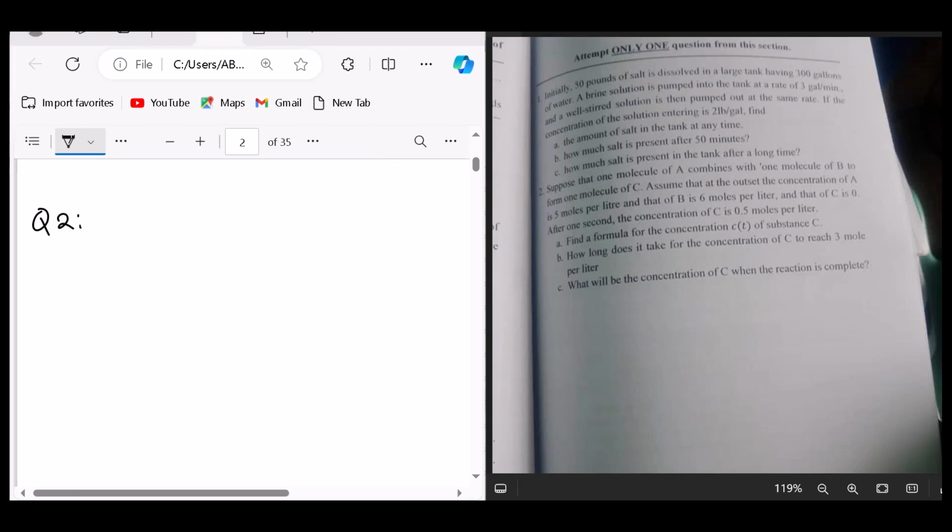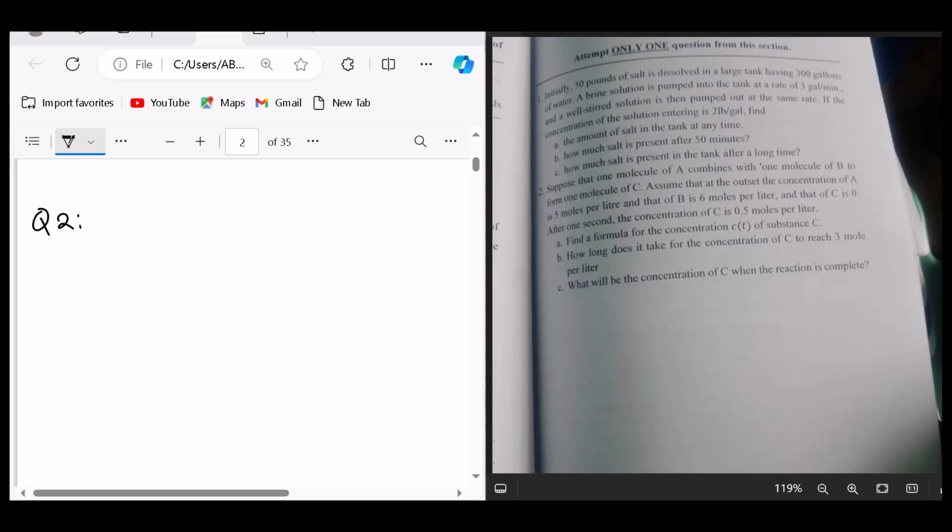Okay, so let's look at question 2 of our solutions to some questions on ordinary differential equations. Here it is a problem in chemistry, a chemical reaction problem.